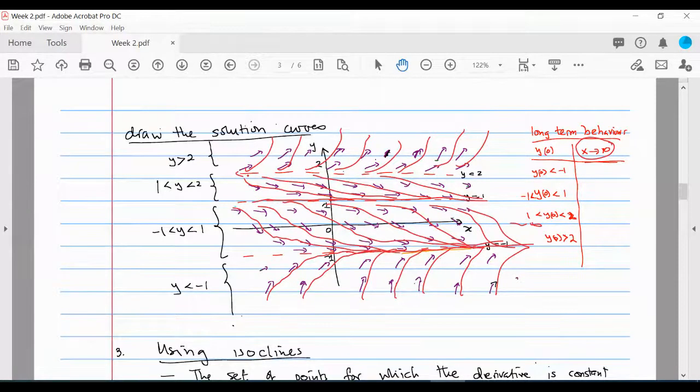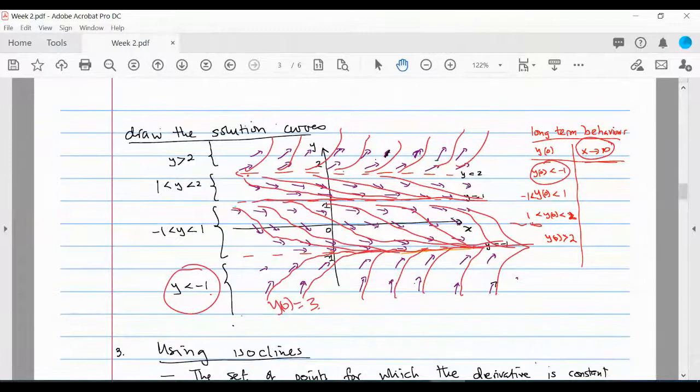So there we are. We are having an initial condition in this region. So y naught is in this region. So for example, you can take y of 0 equals minus 3.